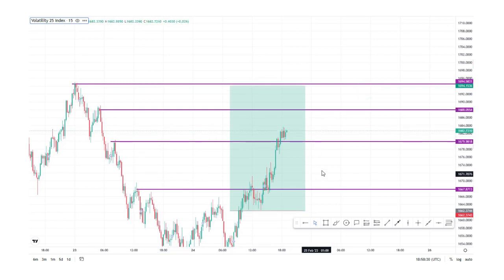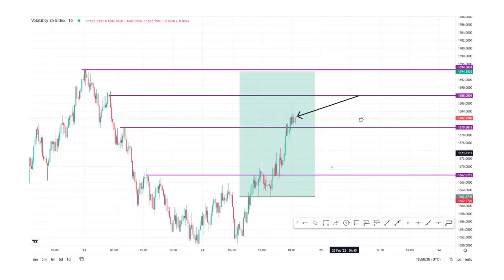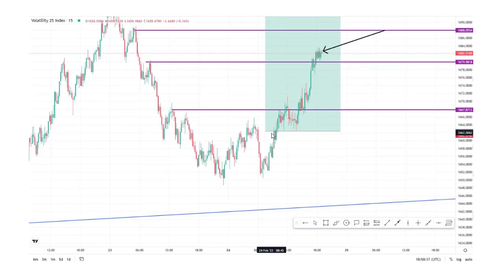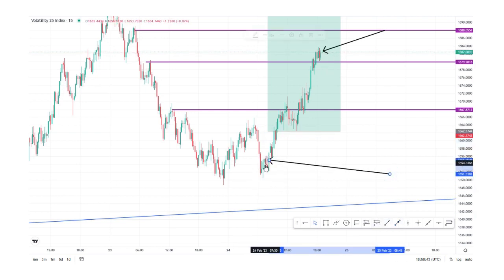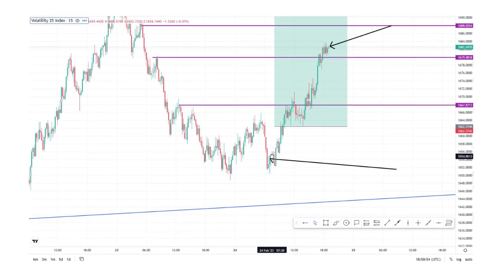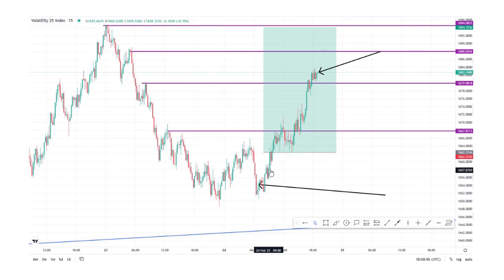So our TP2 smashed already at this point, and we have already shifted our stop loss, okay, to this point, and we had our entry at this point right here. That's where we actually made entry at the closing of this candle somewhere here. I think that's a strong bullish candle. That's where we actually made entry, okay.